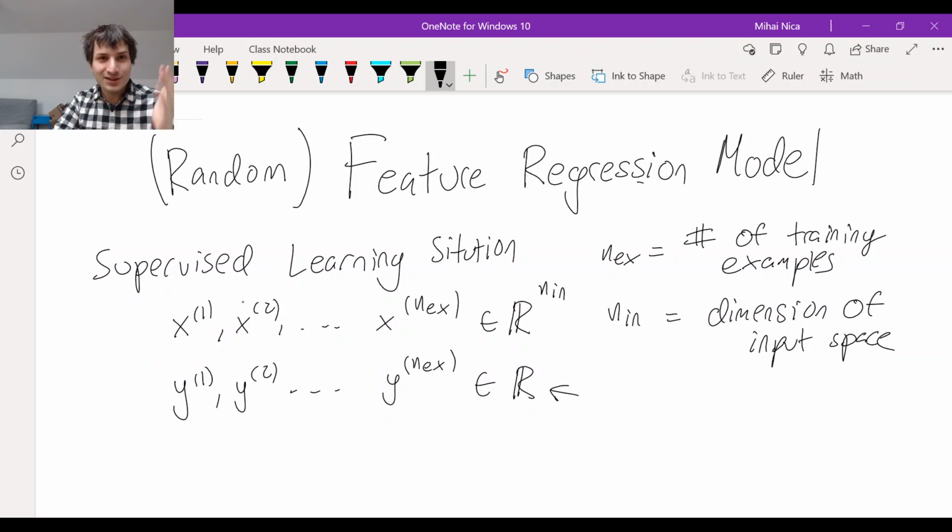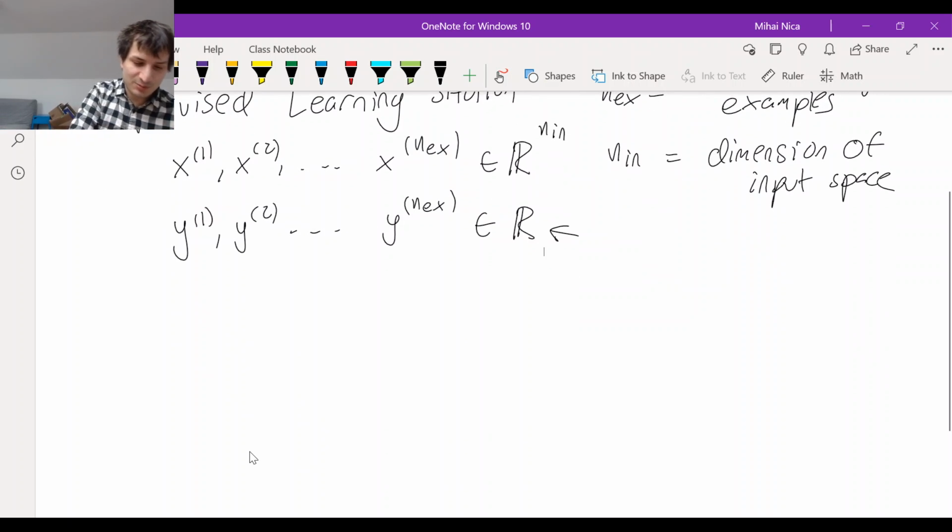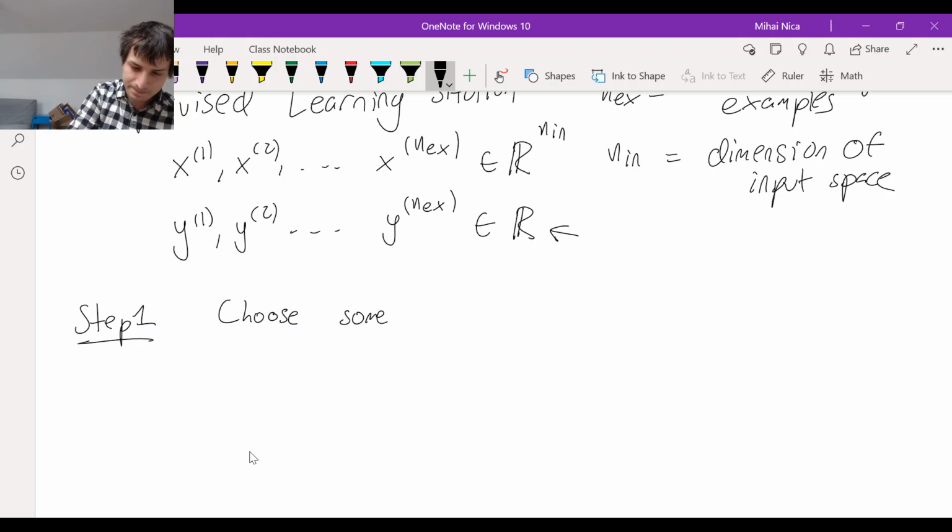So the way we're going to do it is like this. We're going to do something called the feature regression model. What do we do in the feature regression model? Step one, we have to choose some features. So what is a feature?